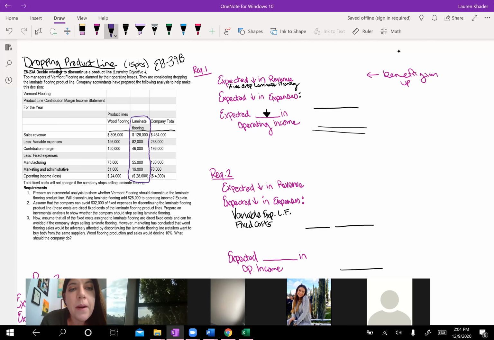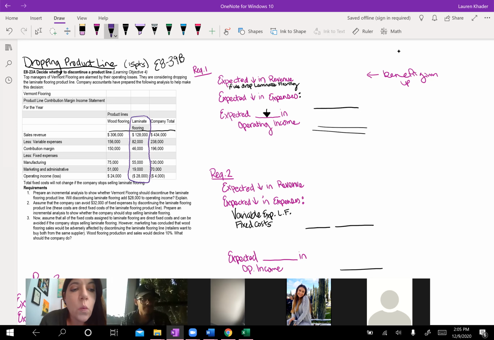Company accountants have prepared the following analysis to help make the decision. So they've given us sales revenue, variable expenses, contribution margin, fixed expenses, and then the operating loss that it looks like laminate flooring has.